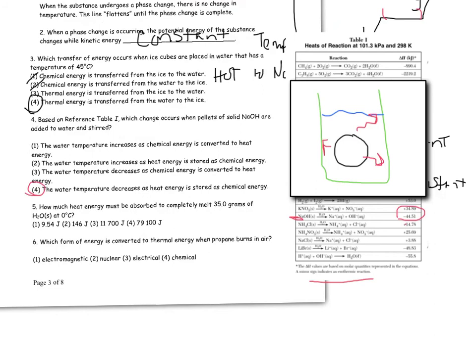The next question asks us how much heat energy must be absorbed to completely melt 35 grams of water. So whenever we have these heat energy calculations, so here we have the word heat, we're going to have to look for some keywords. So in this case, we see the keyword melt, and we also see the key temperature 0 degrees Celsius. So notice that the temperature is not changing.